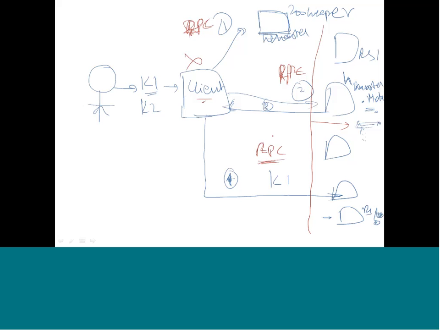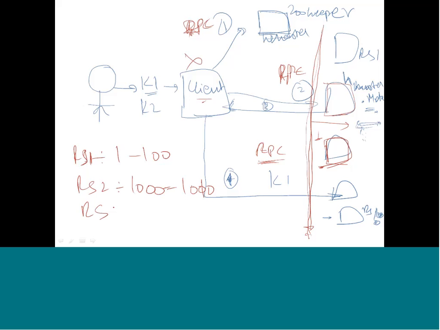And by the way, data is always kept in a sorted order. I've said that many times. Now, sorted order means that it may so happen that RS1 is handling 1 through 100, RS2 is handling 1000 to 1010, and RS3 is handling 101 to 200.